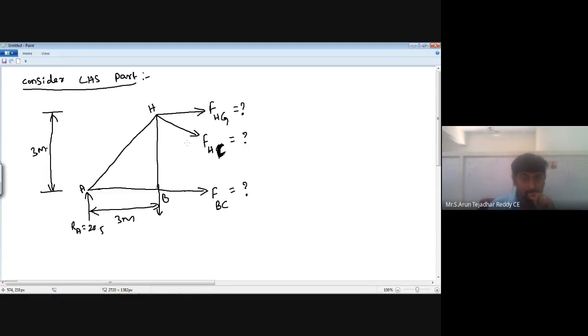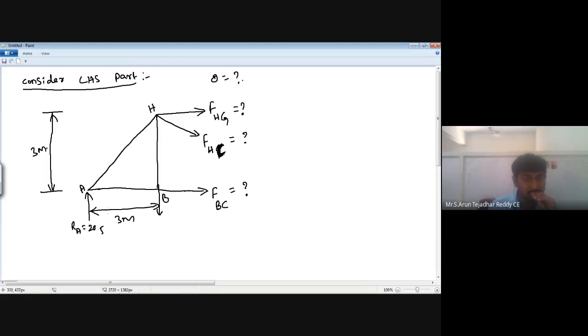Before applying equilibrium equations, first observe: is there any inclined member acting in this LHS part? Yes, FHC is the inclined member. So we should resolve the force FHC by applying sine theta and cos theta. But here we don't know the theta value, so first we should find theta.